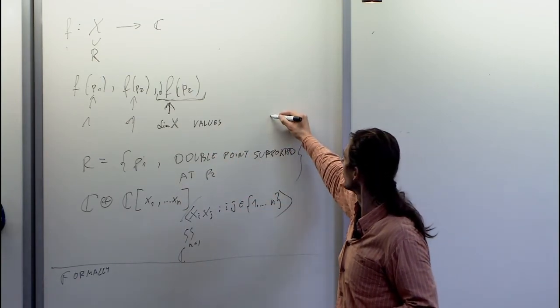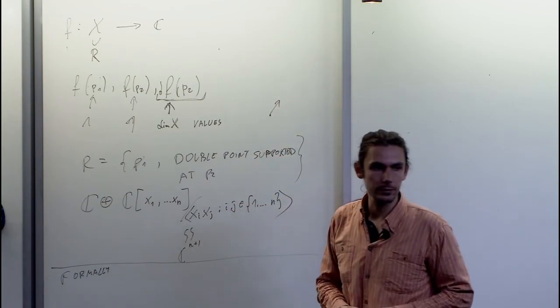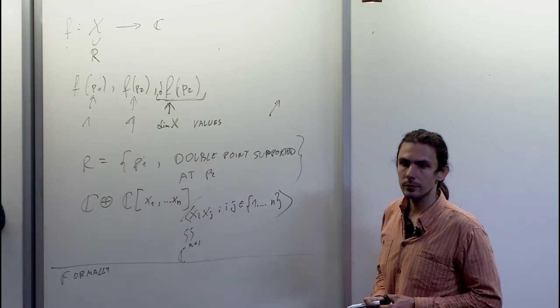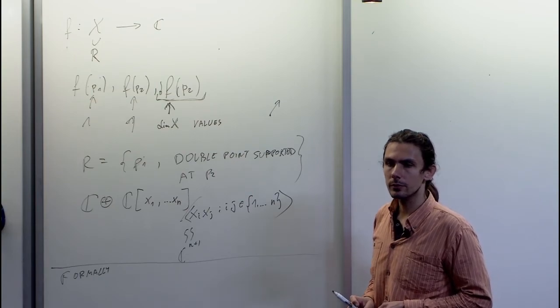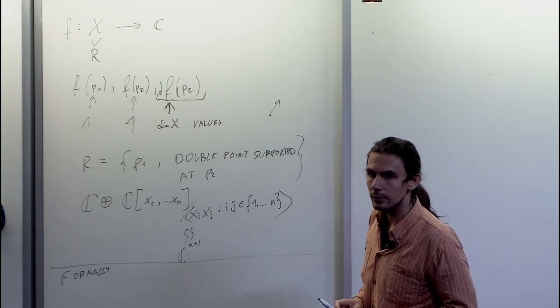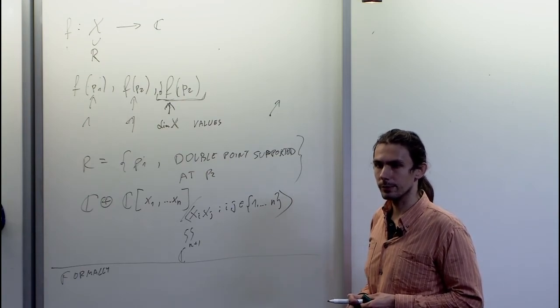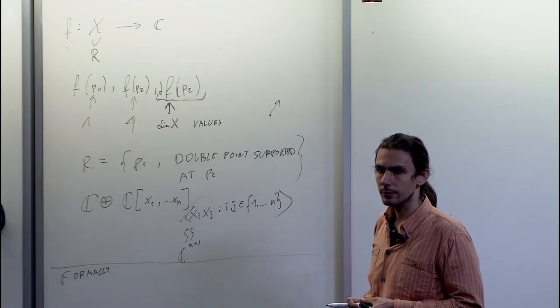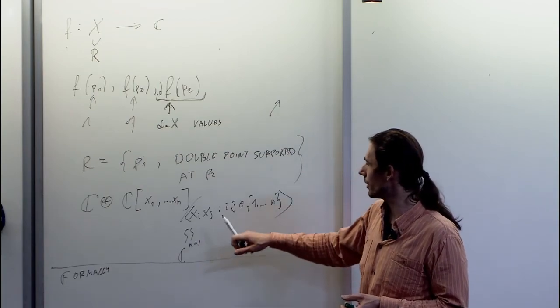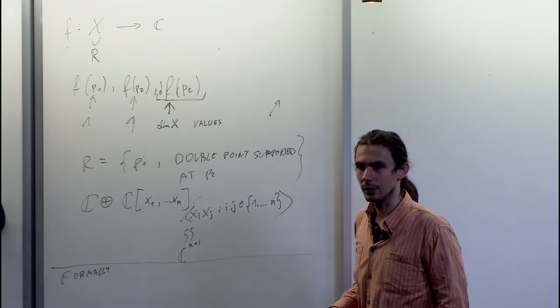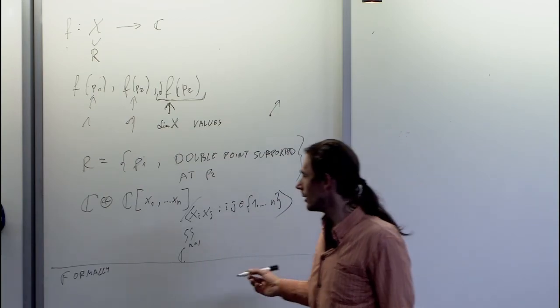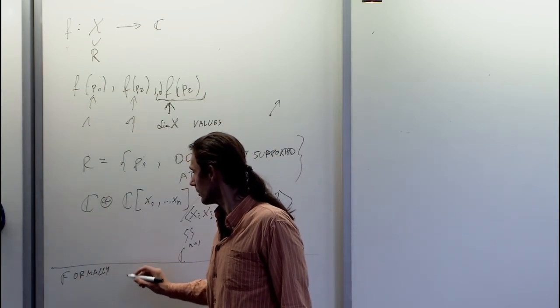Is the question whether P1 is not equal to P2? So the terminology double point here means the fat point, yes, the point defined by the square of the maximal ideal, if you prefer. That's why it's double.